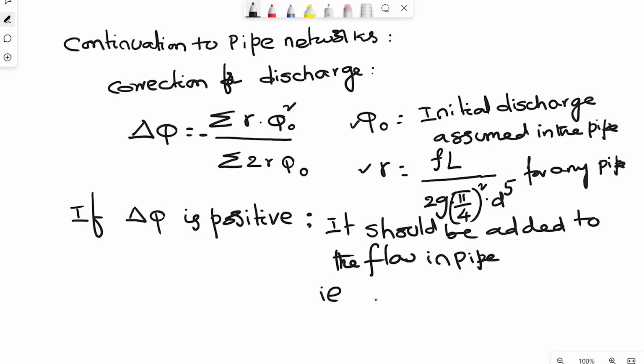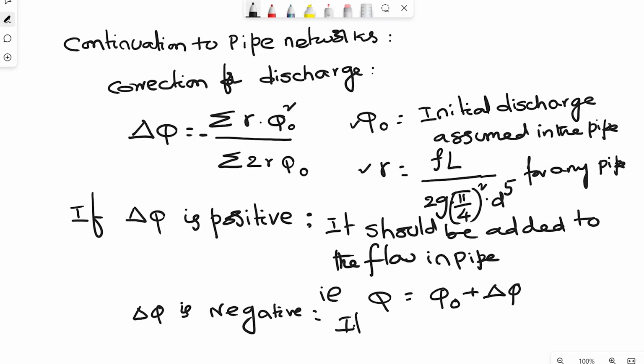That is, the new discharge Q is equal to Q naught plus delta Q. If delta Q is negative, it should be subtracted from the flow in the pipe.